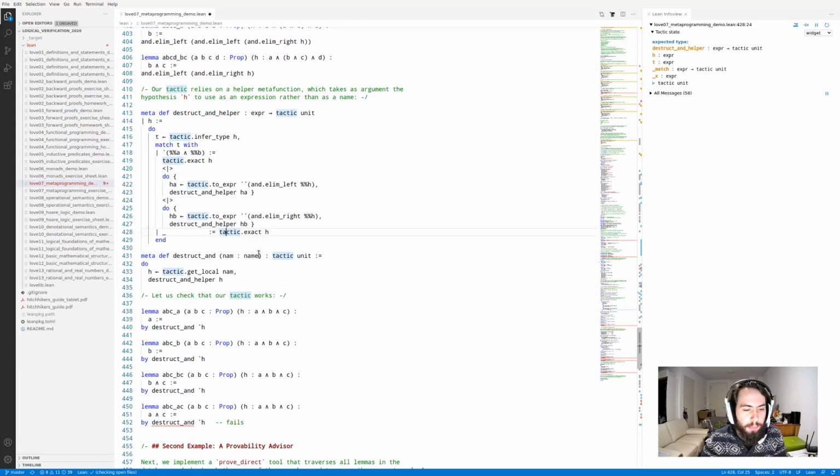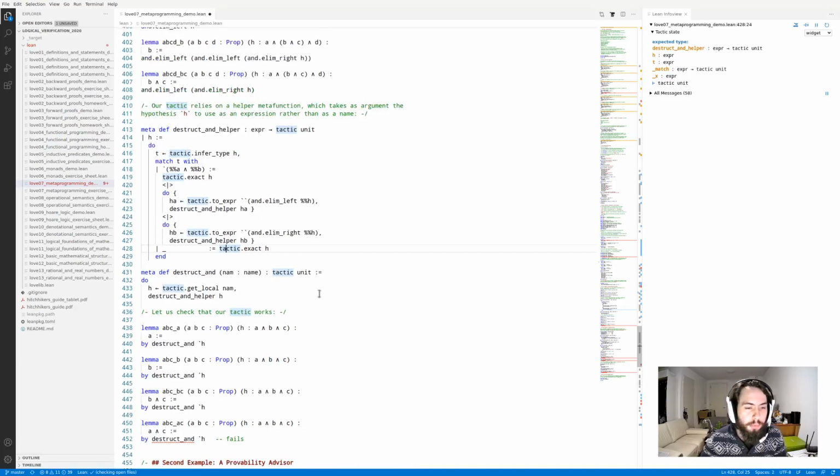Okay, so let's try this out on a few examples. So here we have a lemma where we have A and B and C, and we want to derive A, and as you can see here, our destruct_and tactic just does it for us. And note that we have to give a backtick H here because this is a name that we're giving to destruct_and, right, like here.